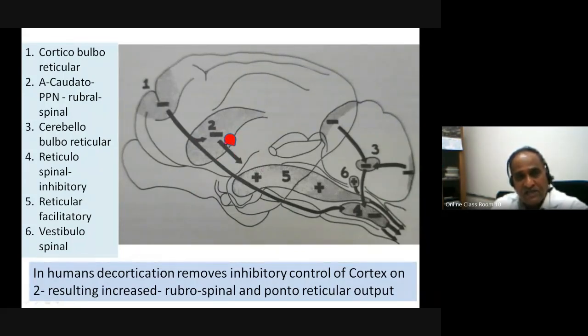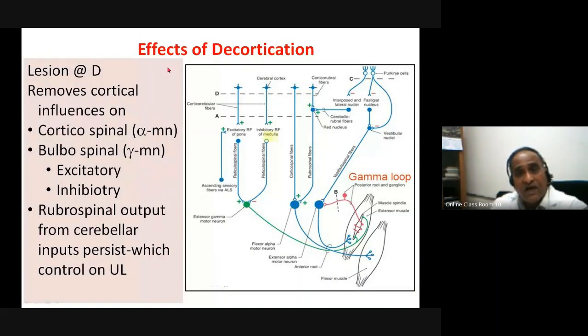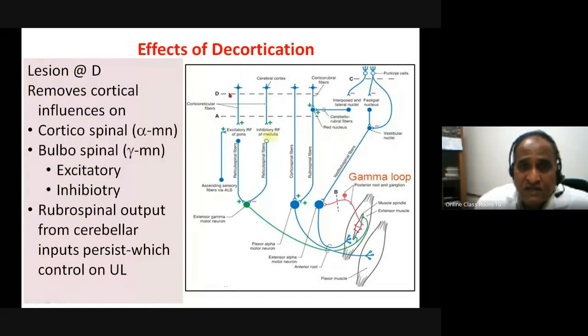In humans, decortication removes the inhibitory control of the cortex on the basal ganglia, red nucleus, or the midbrain activity, resulting in increased rubrospinal and pontoreticular output. Now, looking at this diagram, you can see what happens in the case of decortication. This D is the decortication. In this, this is a corticopontine.